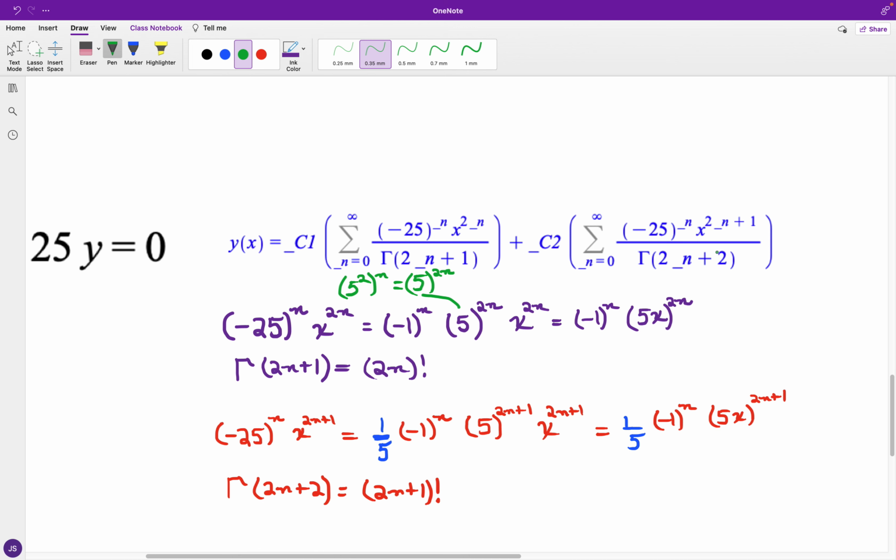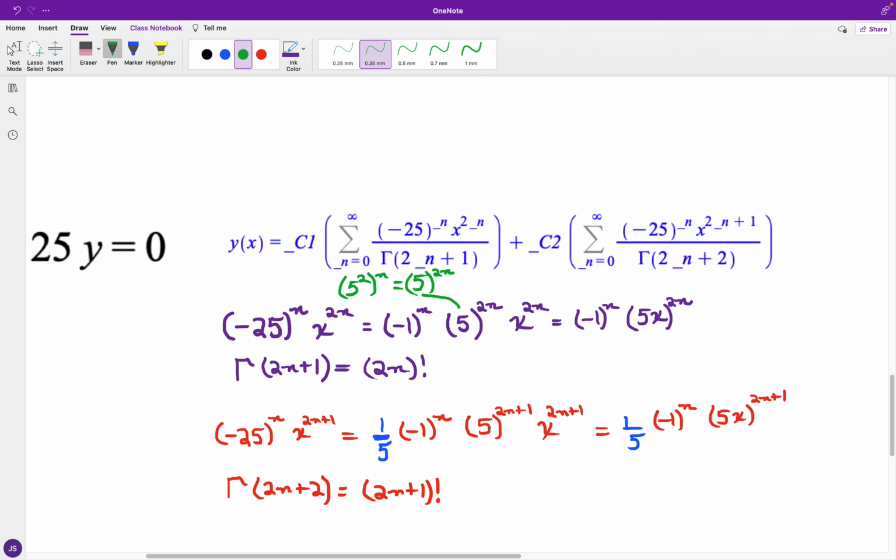Now, where we have the degree to be 2n plus 1, for 25 to the nth power times x to the 2n plus 1, again, history repeating itself. We have negative 1 to the n, and again, 25 is the square of 5, and 25 would be 5 to the 2n.